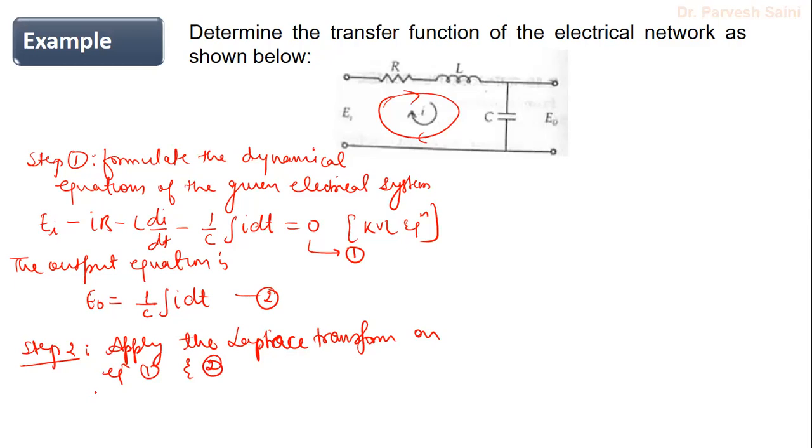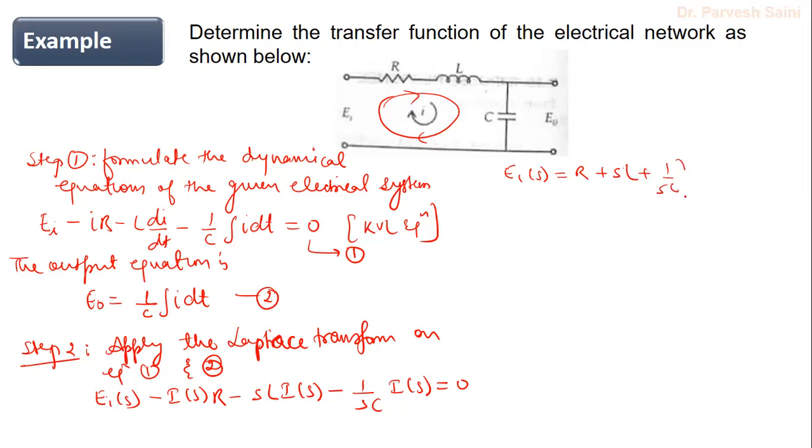So equation 1 will give us EIS and minus ISR minus SLIS minus 1 upon S. Integral term will give you 1 upon S, right? And C and IS is equal to 0. So you can see if we rearrange this one, so we get EIS is equal to R plus SL plus 1 upon SC, and IS is a common term here, right?